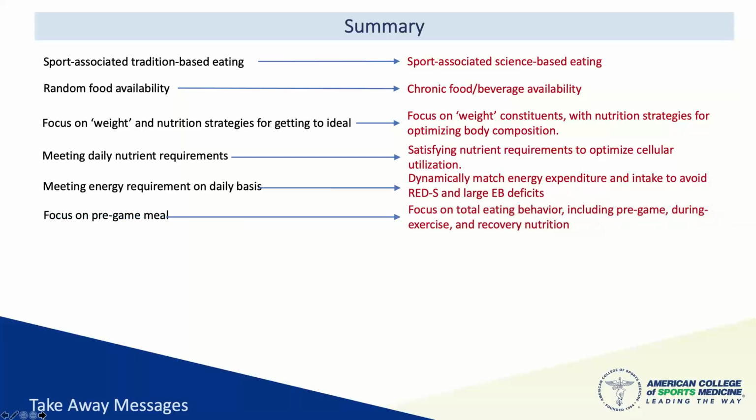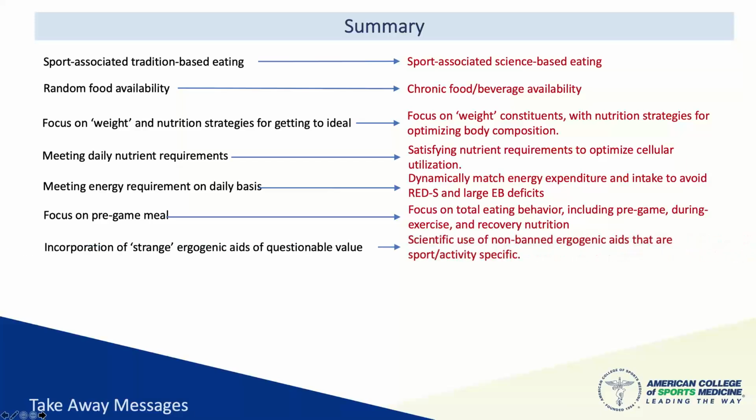The focus on the pregame meal should focus on total eating behavior, including pregame meal, during exercise, recovery nutrition. We need to think about all of those. The incorporation of strange ergogenic aids of questionable value should be changed to the scientific use of non-banned ergogenic aids that are sport activity specific, but still only if there's a food first approach.